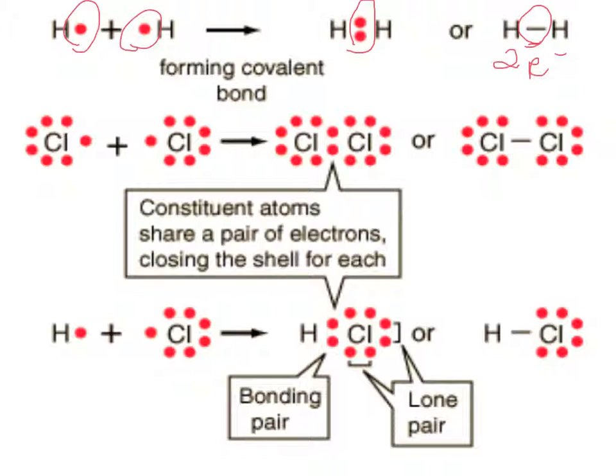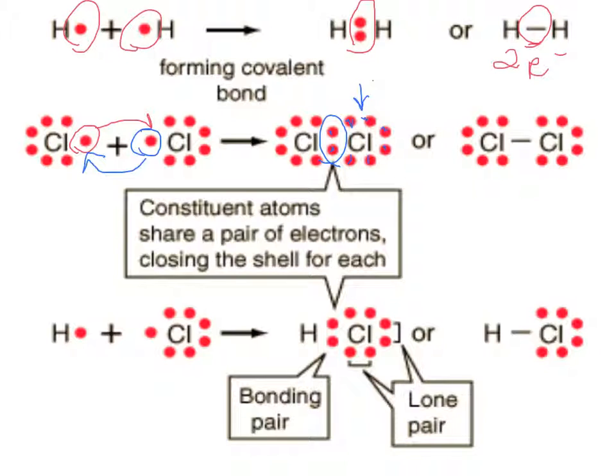So if we look at chlorine, chlorine has 7, but it would like to have 8. So this chlorine can share an electron with that chlorine, and then this chlorine shares with the first chlorine, they wind up sharing 1 pair of electrons, and that gives each one of them 8 electrons. So 1, 2, 3, 4, 5, 6, 7, 8.